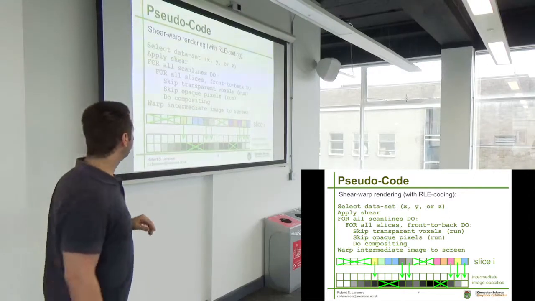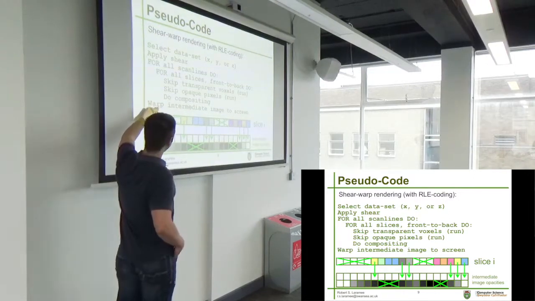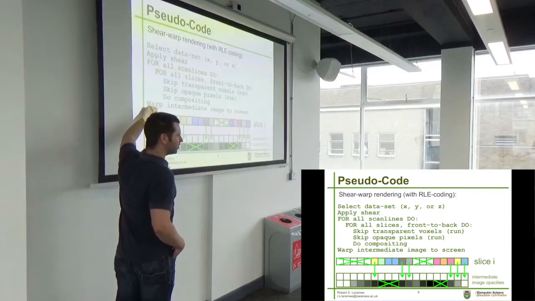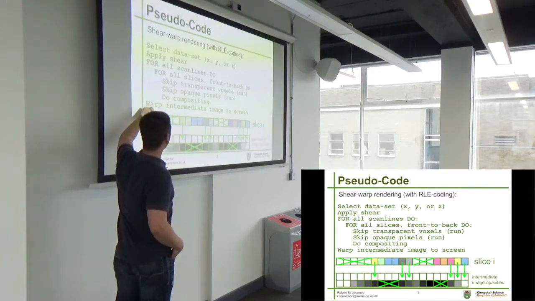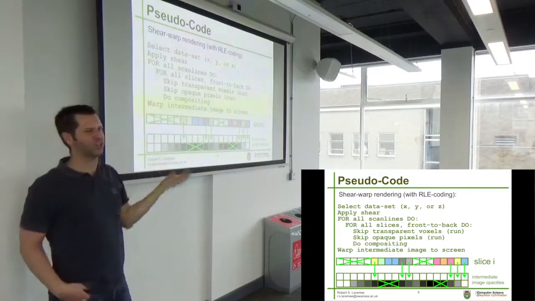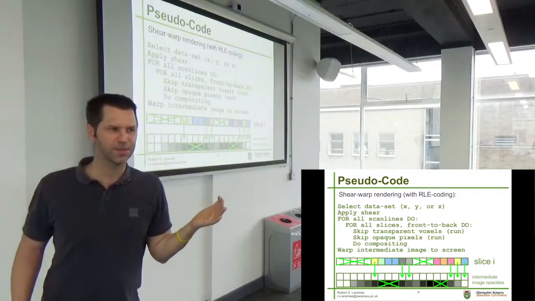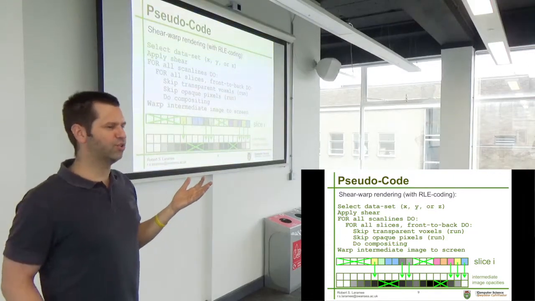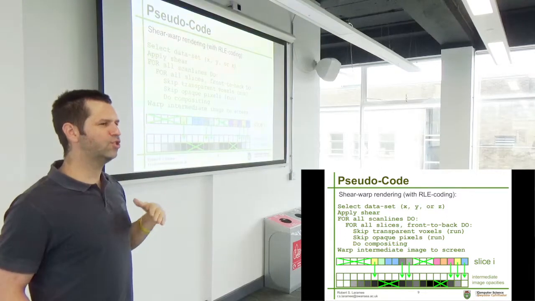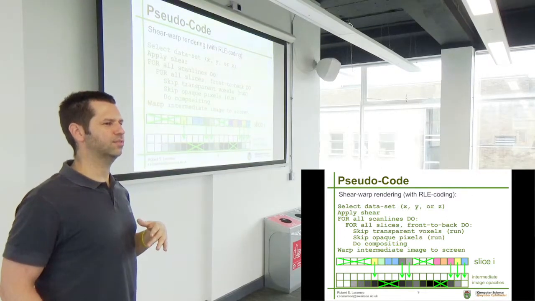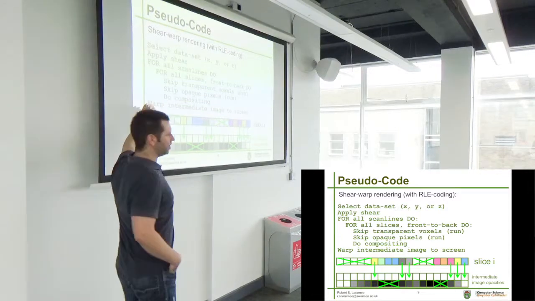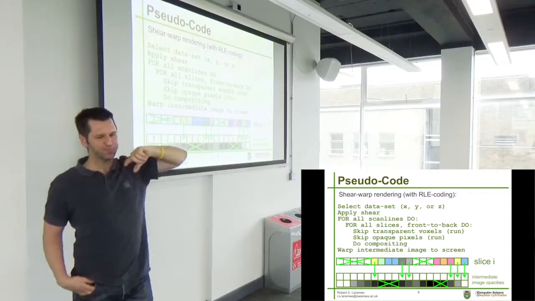Now the warp, again, is done in image space, and it undoes the distortion caused by the shear, so I like to think of it in my own mind as the unshear operation. Now you could be thinking, that doesn't make any sense, why would you shear and then unshear? Well, this unshear happens in image space.